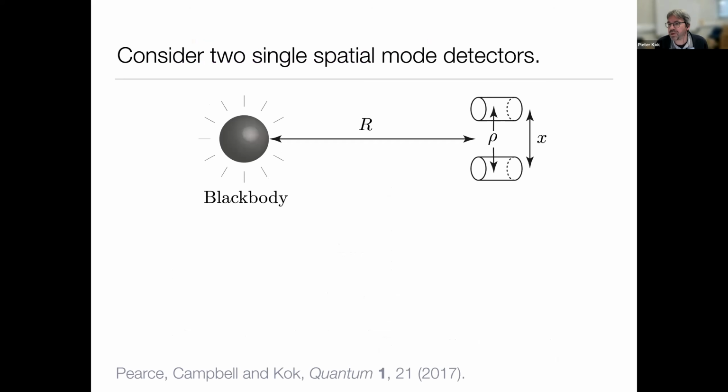And so here's the situation. Let's suppose that we have a black body, and we're some pretty far distance r away, so that we can use the paraxial approximation. And then we have two single spatial mode detectors. So basically two detectors, and they're measuring just single frequency modes, single spatial modes. And how well can we estimate, for example, the size, the radius of that black body?